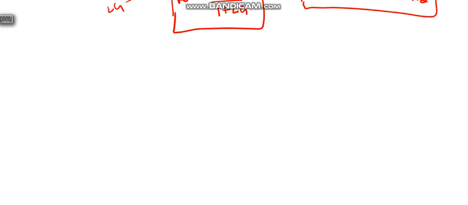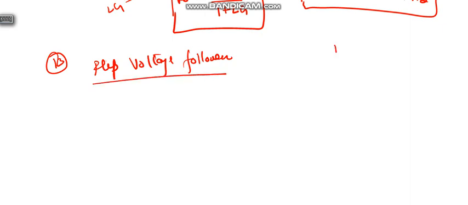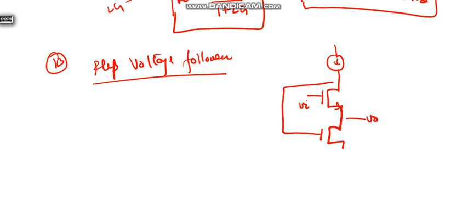Now let's consider one more circuit, which is known as the flip voltage follower. This configuration is known as a flip voltage follower. The advantage of this is that the output resistance is reduced and the output pole moves to a higher frequency.